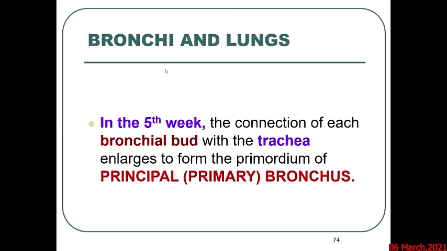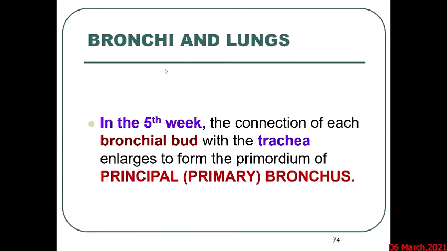About the primary or principal bronchus, again in gross anatomy, how many are there? Two, one for each lung. And we often ask you the difference between the right and left principal or primary bronchus.